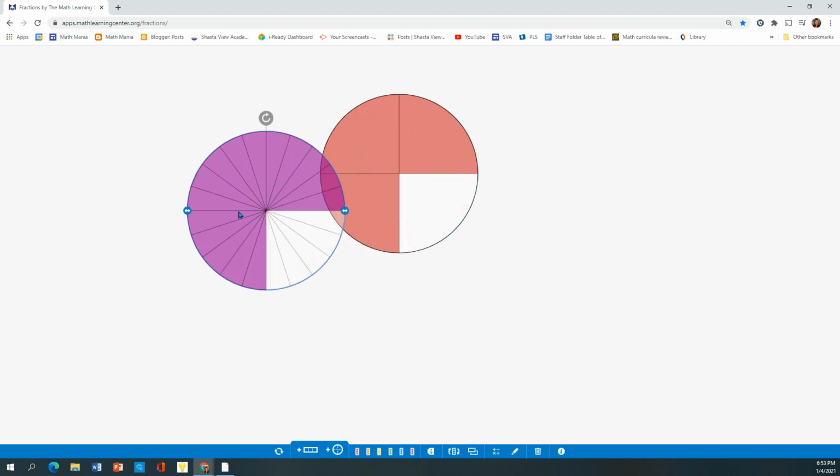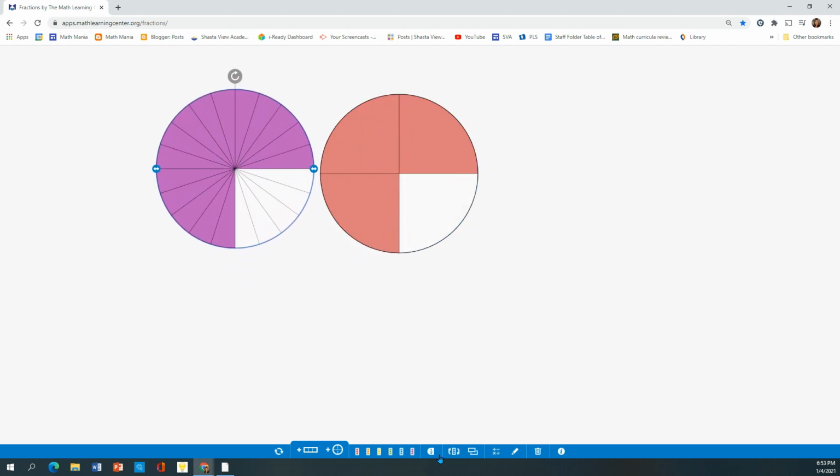So now we can see that 3/4 is the same as 15/20. Okay, so I'm going to go ahead and clear that up.